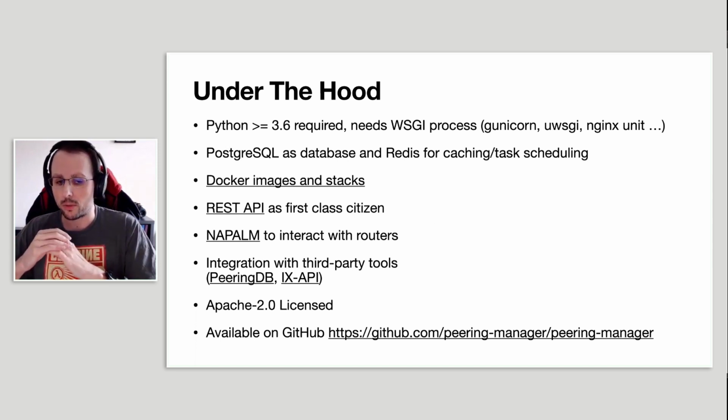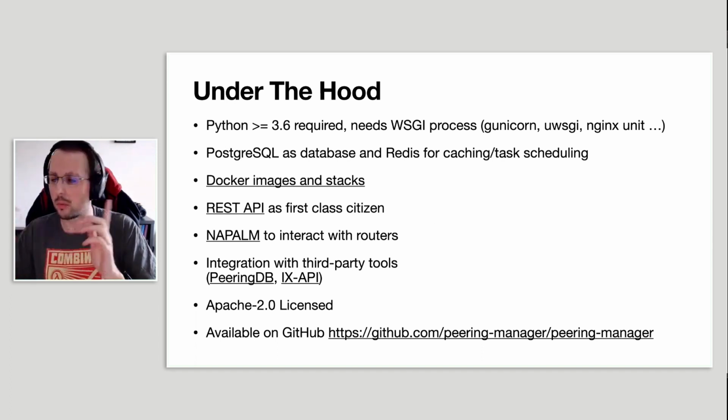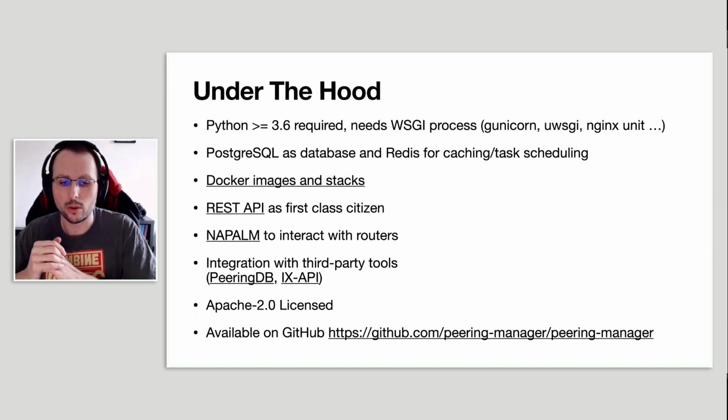Peering Manager integrates other tools such as PeeringDB, which is the industry standard for peering data across all networks. And we also introduced IXAPI as a second third-party tool that we can interoperate with to get data from IXAPI.